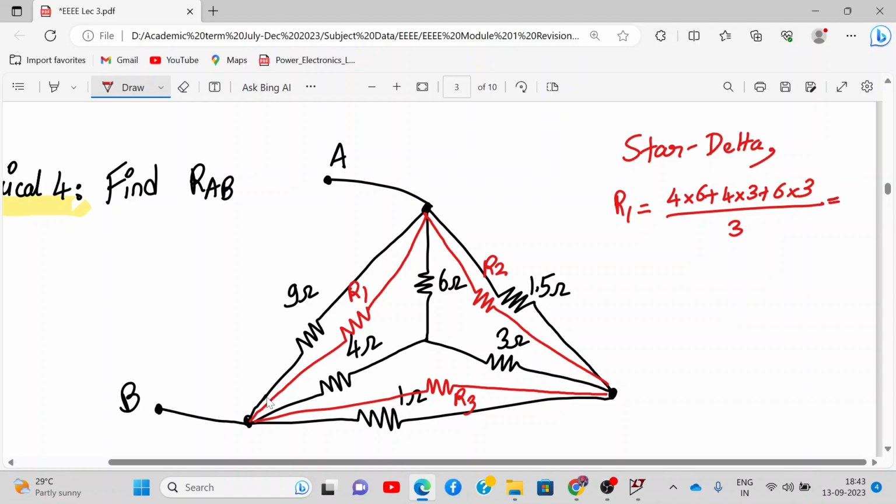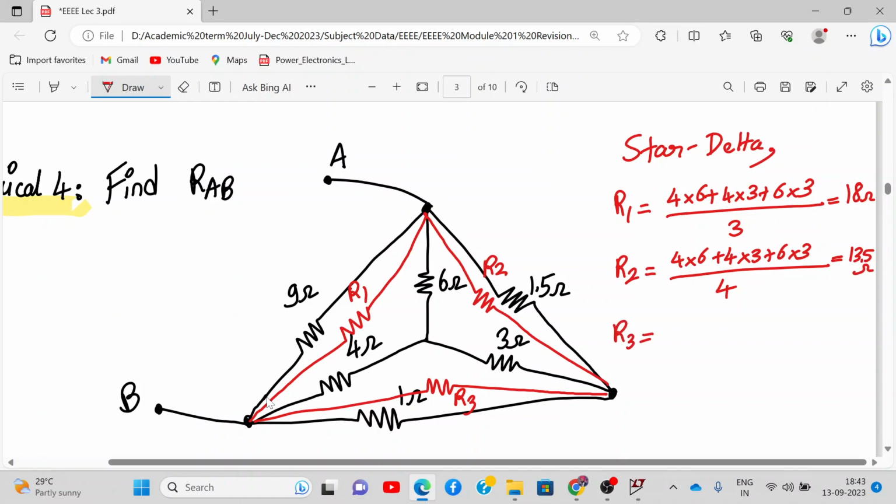That comes out to be, if you solve it out, 18 ohms. Similarly, R2. Denominator will be the opposite resistance, 4 ohm. So divided by 4. Numerator will be the same: 4 into 6 plus 4 into 3 plus 6 into 3. And this comes out to be 13.5 ohms.